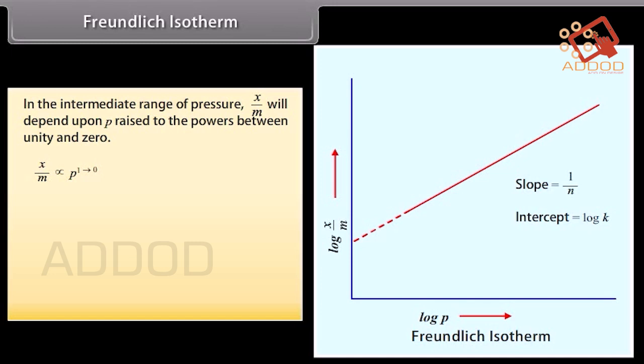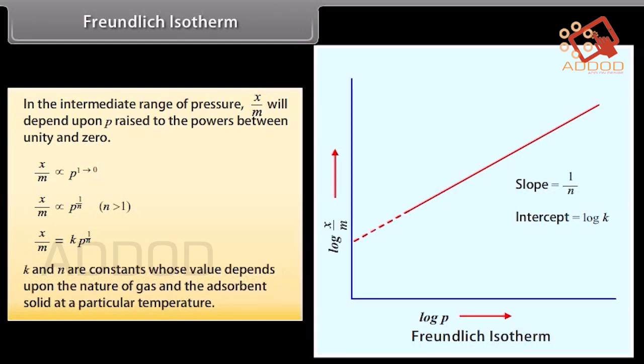This can be expressed as x/m ∝ P^(1/n), where the value of n is greater than 1, or it can be written as x/m = k × P^(1/n). K and n are constants, whose values depend upon the nature of the gas and the adsorbent solid at a particular temperature.